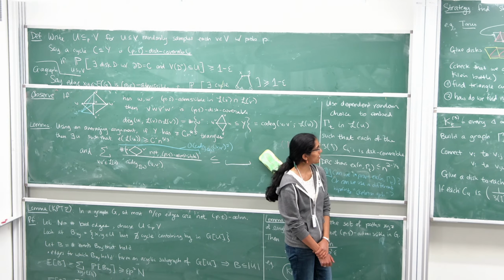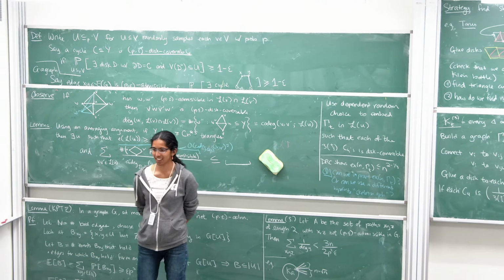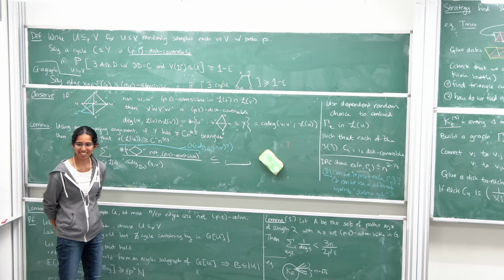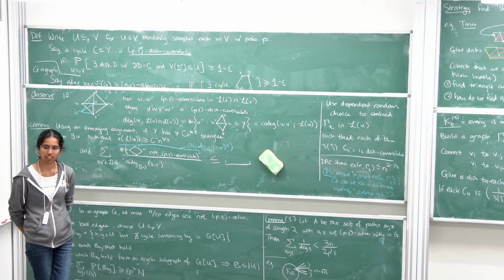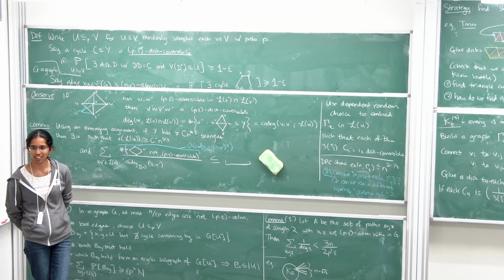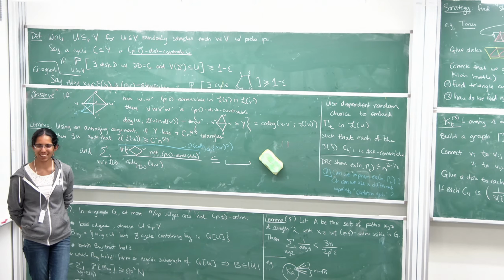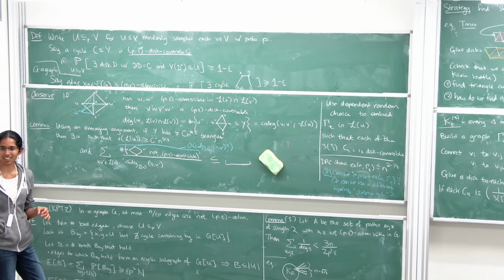So that's one question, and the next question is in terms of coloring. During the talk, I was thinking, what could be the analog? Maybe you want to color the edges so that no triangle is monochromatic, something like that.